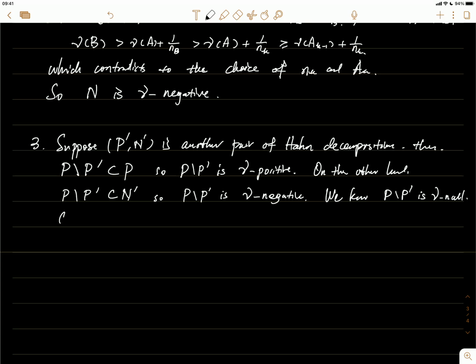And similarly, we know that P prime minus P is nu null. So the union of these two is also nu null.